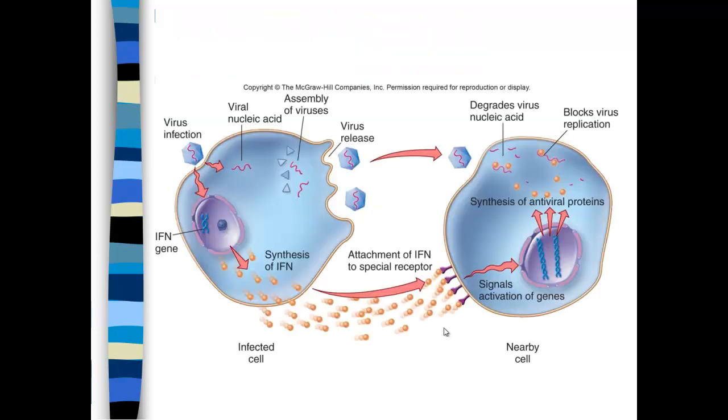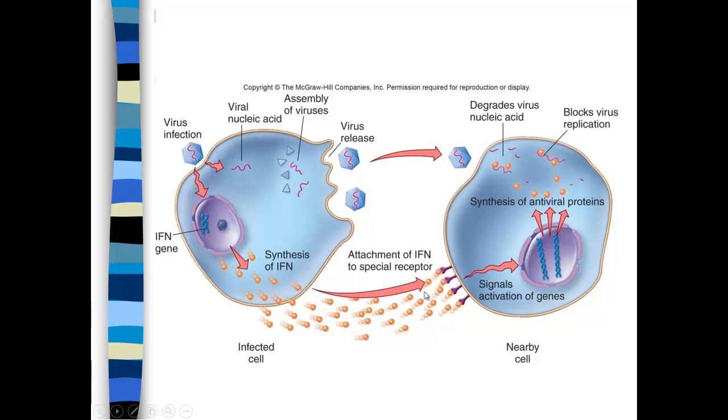So when you have some type of cell that is infected, usually once a cell is infected with a virus, then it will be sacrificed. It will be killed by what's called T killer cells. The viral nucleic acids will stimulate the interferon gene. The interferon gene, once it's turned on, will start to synthesize interferon protein.